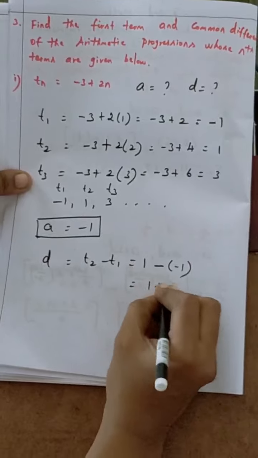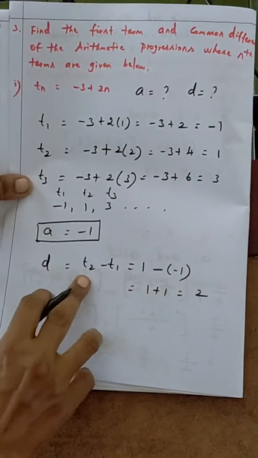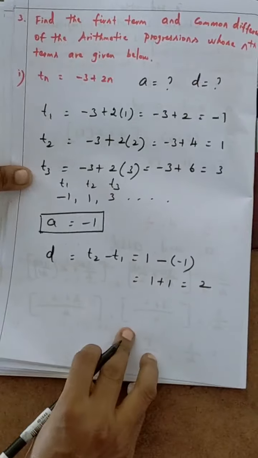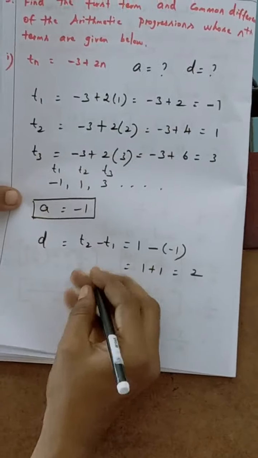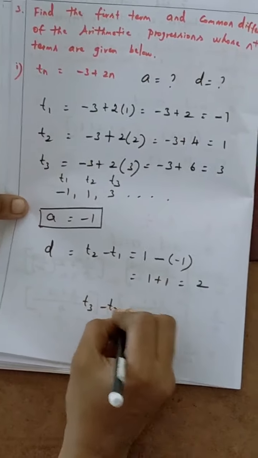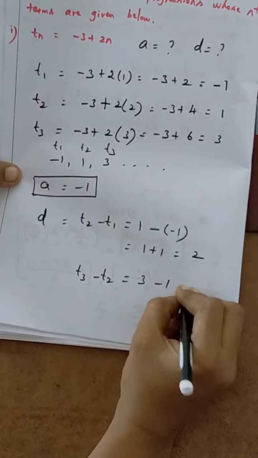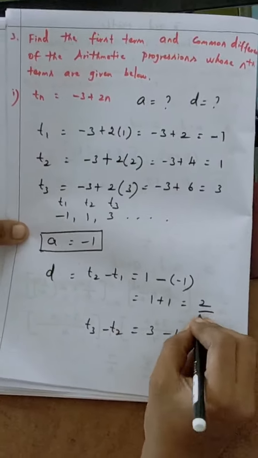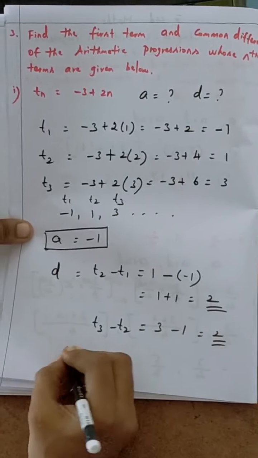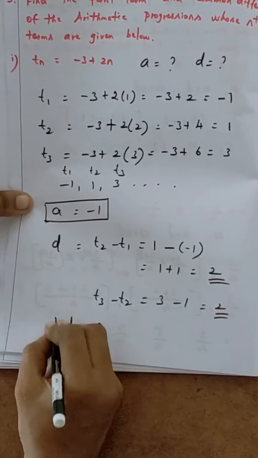So 1 plus 1 equal to 2. First set, T2 minus T1 equal to 2. Again you check the next part. It is T3 minus T2. What is T3? 3 minus 1. What is the answer? 2. So both the terms' common differences are equal. So D equal to 2.